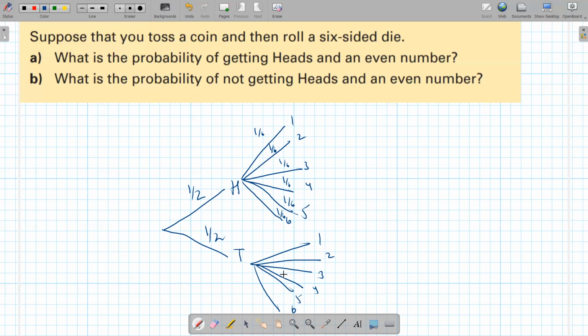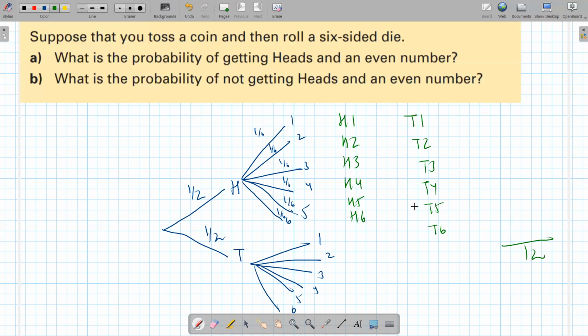So what does this mean? This means this, okay? You either get a head and a 1, head 2, head 3, head 4, head 5, head 6, yeah? Those are your outcomes. Or you get a tail 1, tail 2, tail 3, tail 4, tail 5, tail 6. How many total outcomes? 12, right?